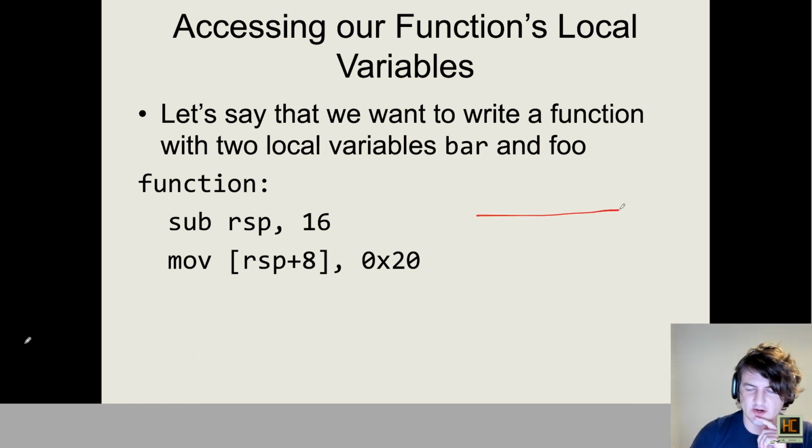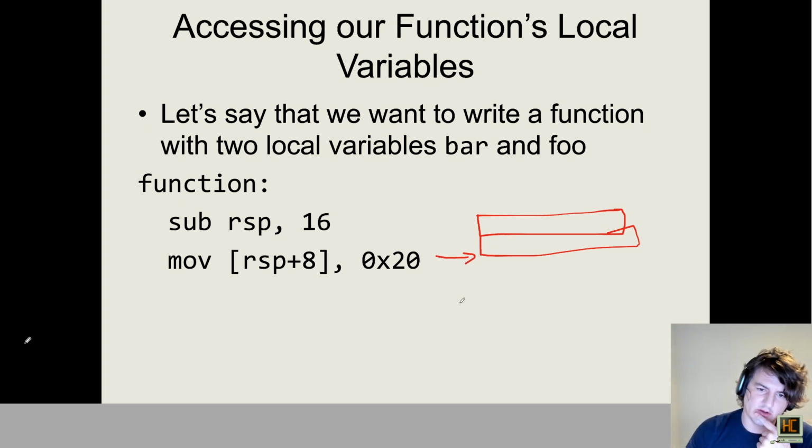Let's say RSP was originally here at the start of the function. Each of these will be 8 bytes. So we'll move down 8 and down 8. Ooh, it's not getting great. So subtract 16, the stack pointer now points here. So if we move hex 20 into RSP plus 8, where's that value going?